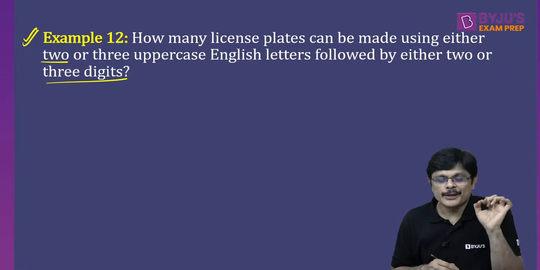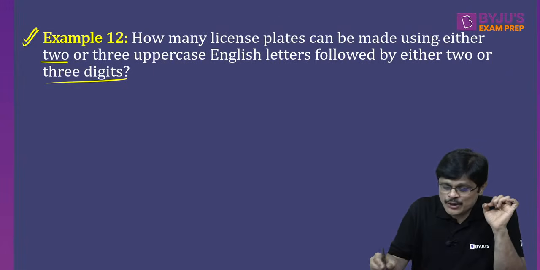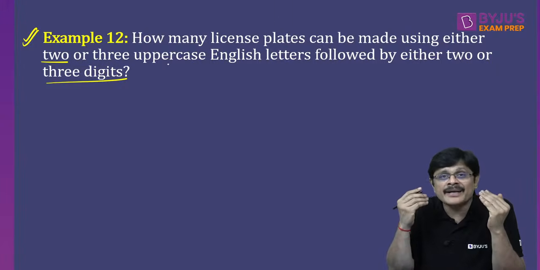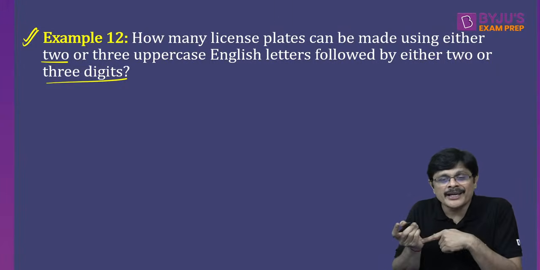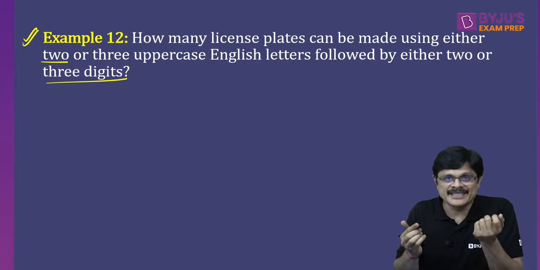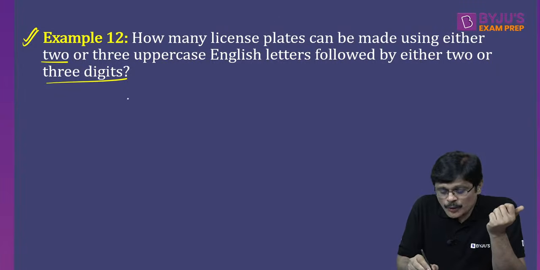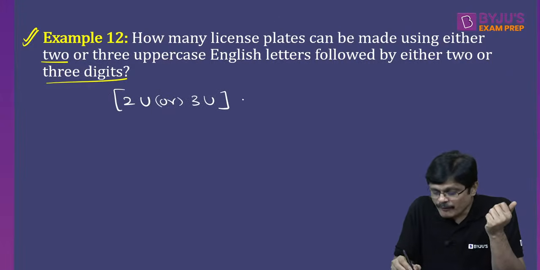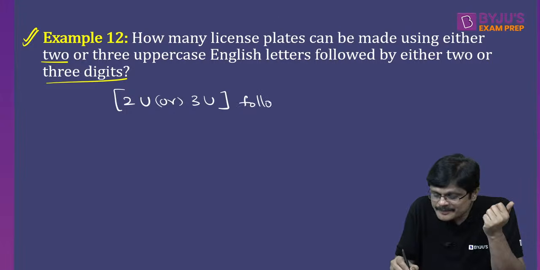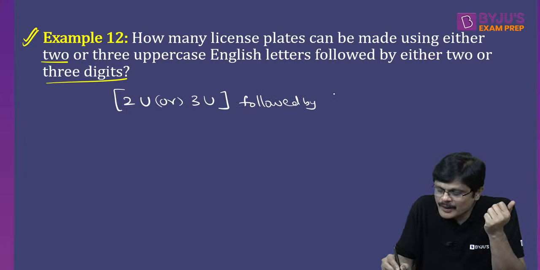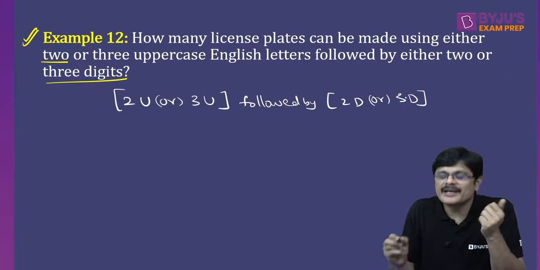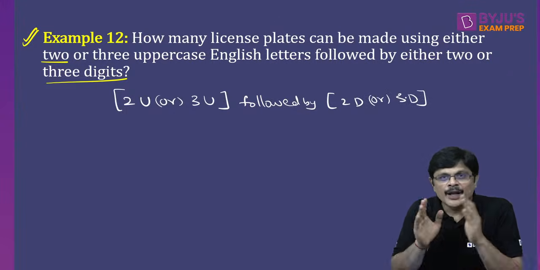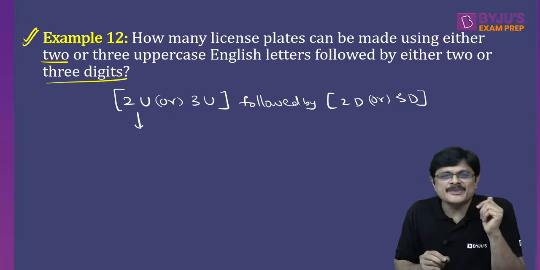So here the story is, it should contain 2 or 3 uppercase English letters followed by 2 or 3 digits. Okay. So 2 uppercase or 3 uppercase letters followed by 2 digit or 3 digit number. Now look here, sir. 2 uppercase means what?